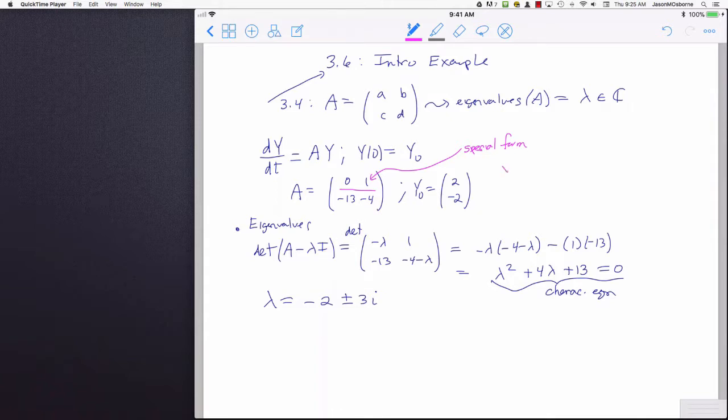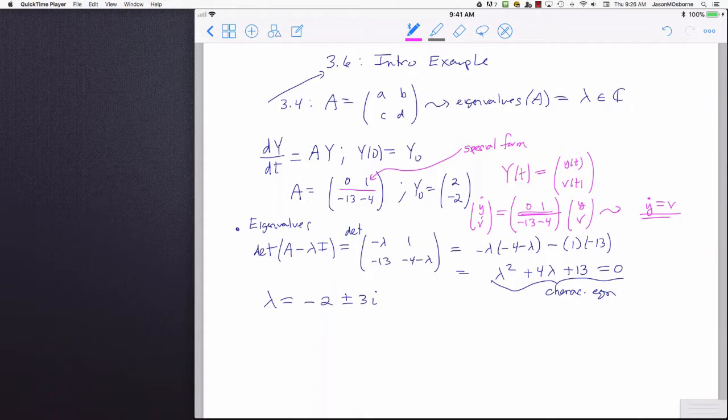If, for example, our solution vector is (y(t), v(t)), then that first row of the matrix, [0, 1; -13, -4] times (y, v) equals (y dot, v dot), translates into y dot is equal to v.